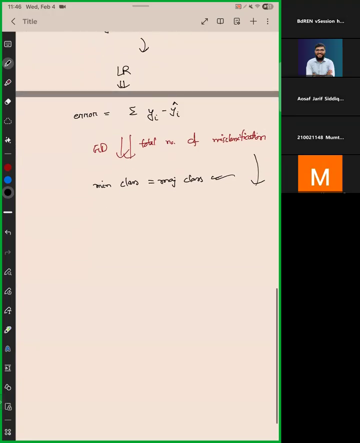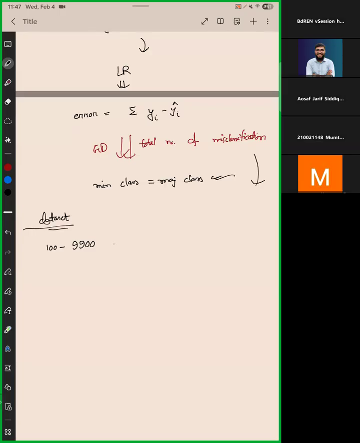You have a data set where the scenario is like this: 100 and 9,900 samples. So 100 samples in the minority class, 9,900 in the majority class.